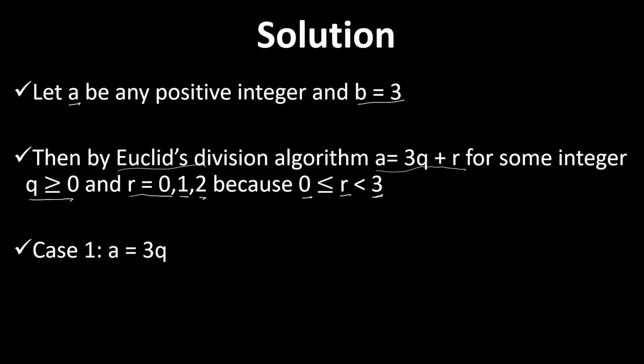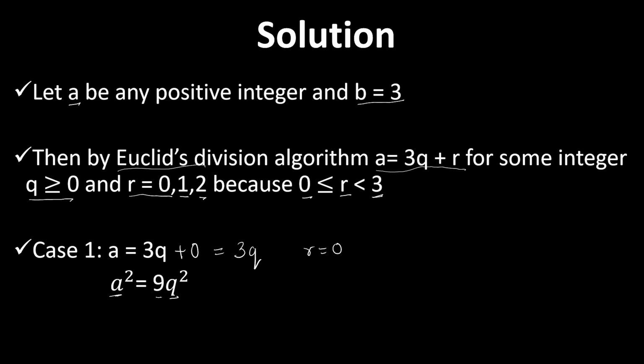Here we are considering remainder to be equal to 0. So we will write down a as 3q plus 0, which can be written as 3q. Now we have to take the square of this positive integer a. So on taking the square on both the sides, we will have a square is equal to 3q whole square, which will give us a square equal to 9 times q square.